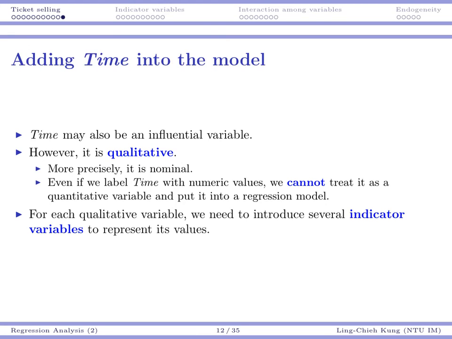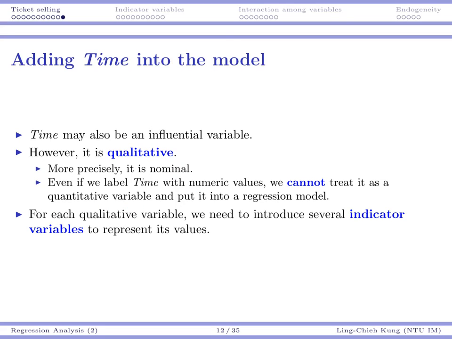Okay, now it's time to talk about the next problem. We know that time may also have some impact. However, it's qualitative, or more precisely, it's nominal. So even if we label it as numerical values, we cannot treat it as a quantitative variable.